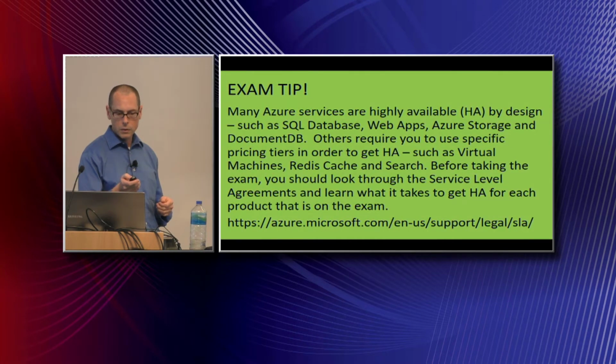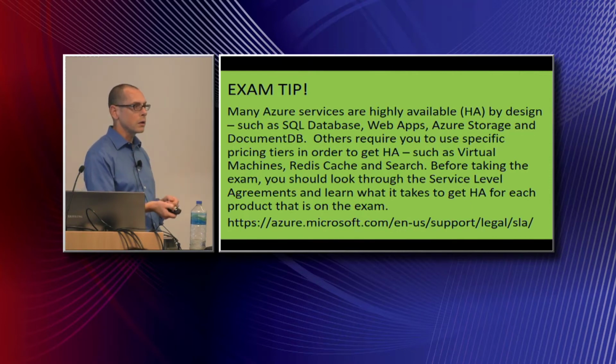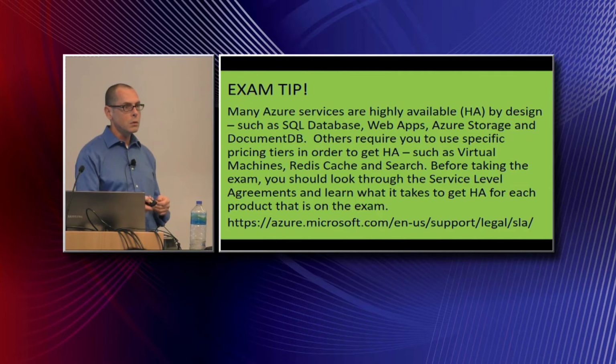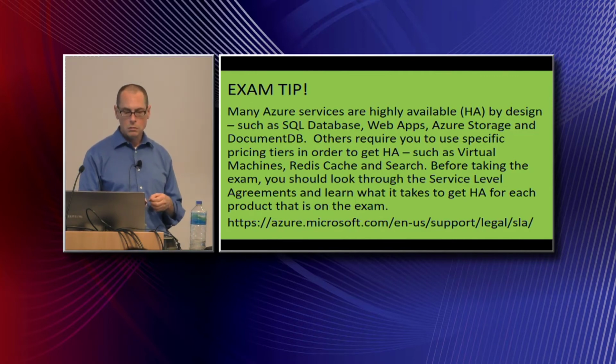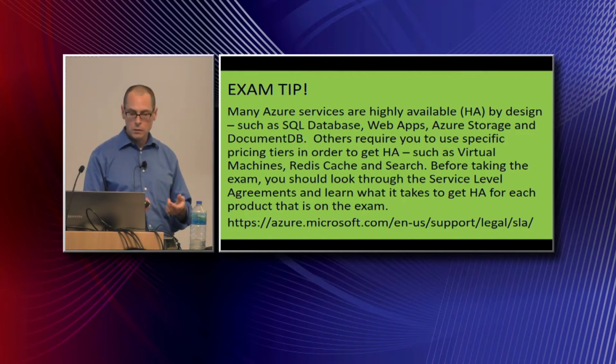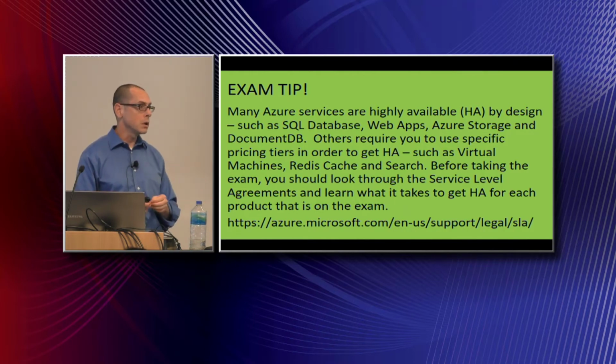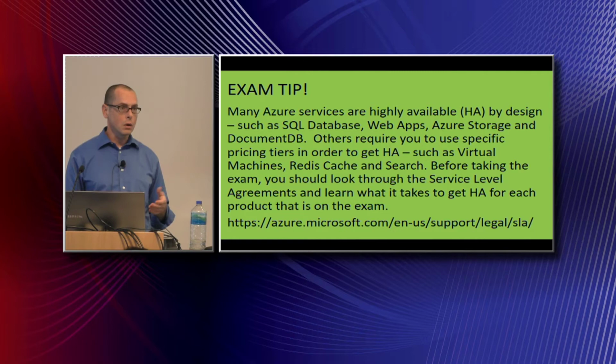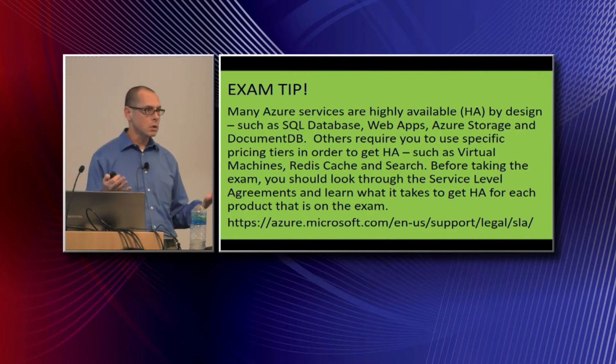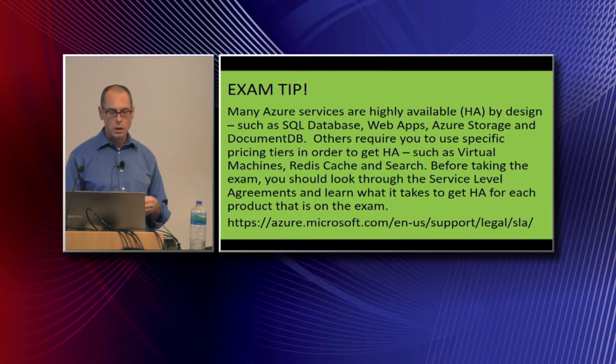Here's a tip. Not all products are built for high availability, so you'll need to know which ones are which. For instance, SQL database is, web apps is, Azure storage is, DocumentDB is. If one goes down, it can easily come back up without you having to touch anything or deploy anything.